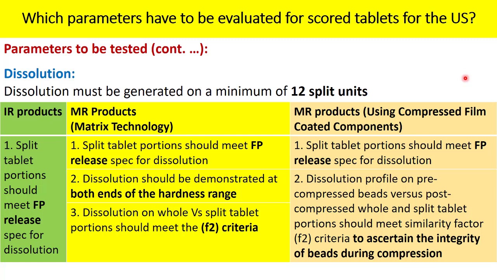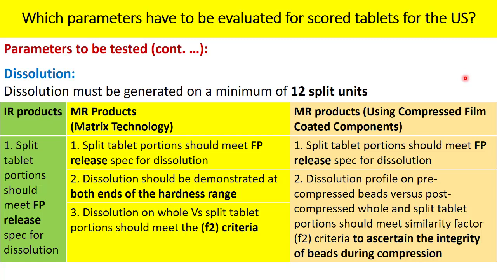You will have three release profiles. The first one is from the as such pre-compressed beads. The second release profile will be from the compressed beads, or you can say it is a tablet now. And the third release profile will be from your split portion of the tablet. Now, what is your reference release profile out of these three?